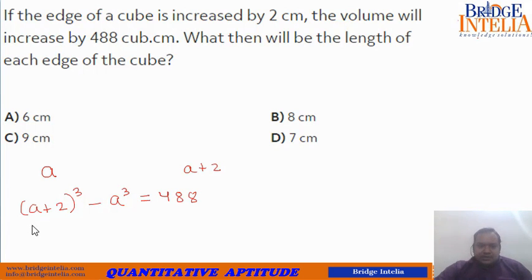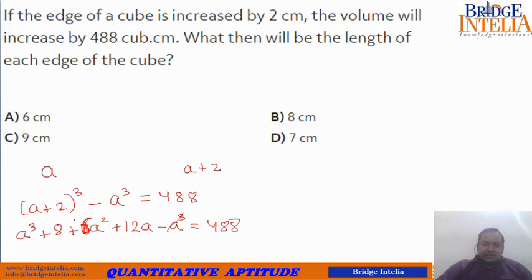So if you expand this, A cube plus 2 cube, that means 8, plus 3A square into 2, that means 6A square, plus 3A B square, that means 3 into A into 4, so plus 12A, minus A cube is equal to 488.